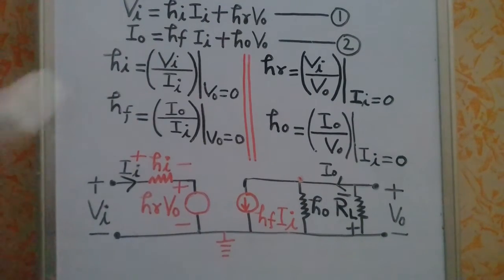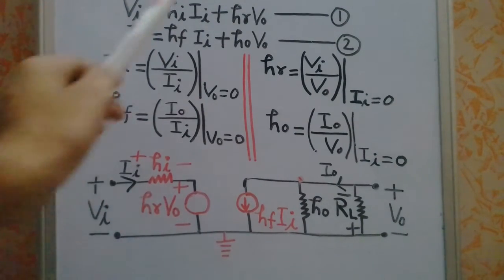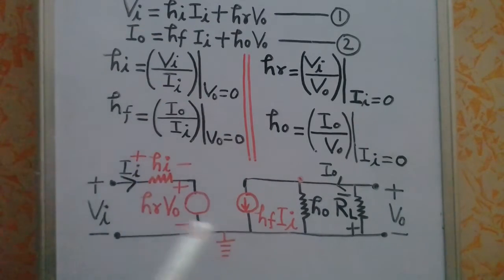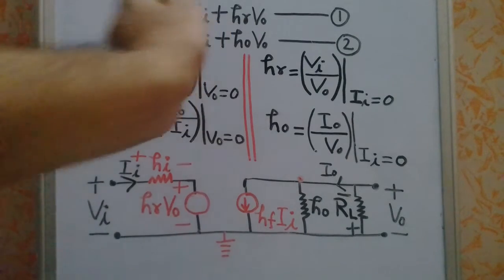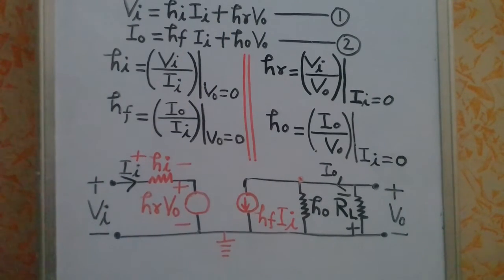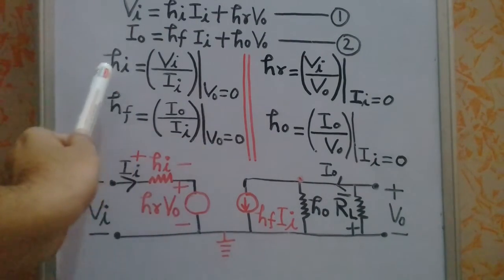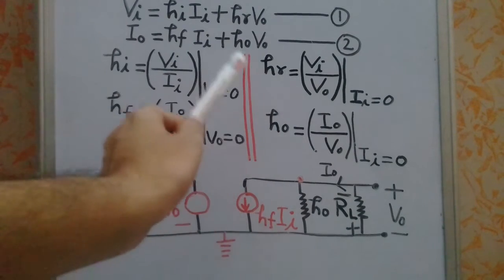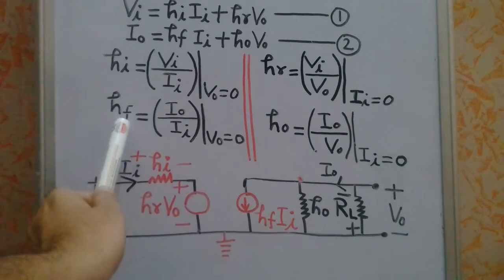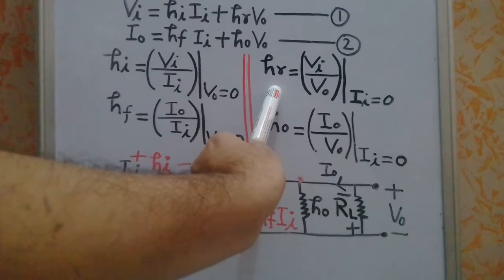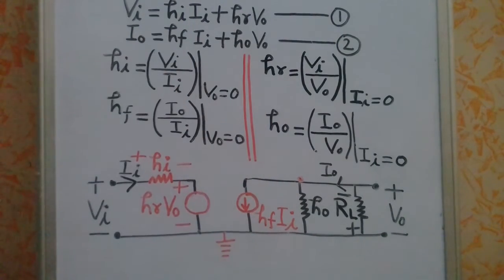That means current gain, voltage gain, input impedance, output admittance, you can easily calculate with it. That's why you use it, right? H means hybrid, that means it's a mixture of various quantities: input impedance, output admittance, forward current gain and reverse voltage gain. So that is the H parameter model.